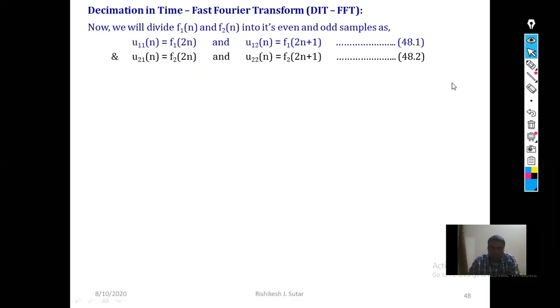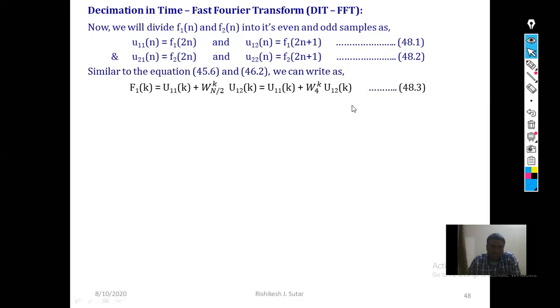Similar to the previous slides, that is 45.6 and 46.2, we can write the same thing for this F1 of k. We can write this F1 of k in terms of u11 of k and u12 of k, and I can write F1 of k plus N by 4 in terms of u11 of k and u12 of k.